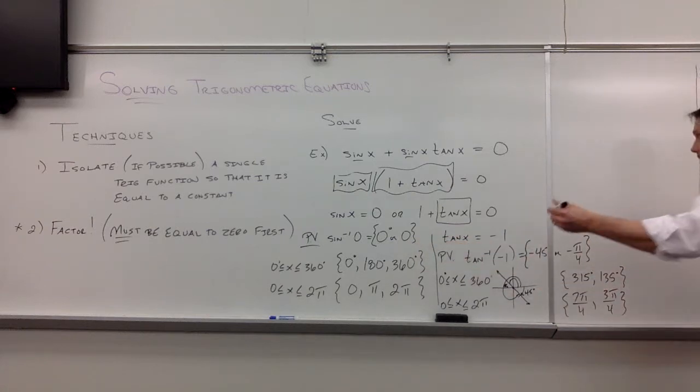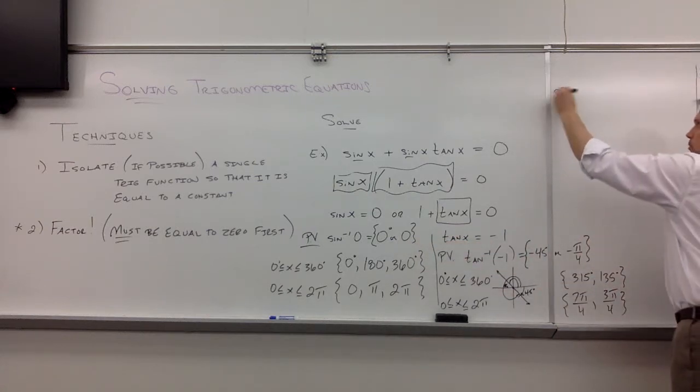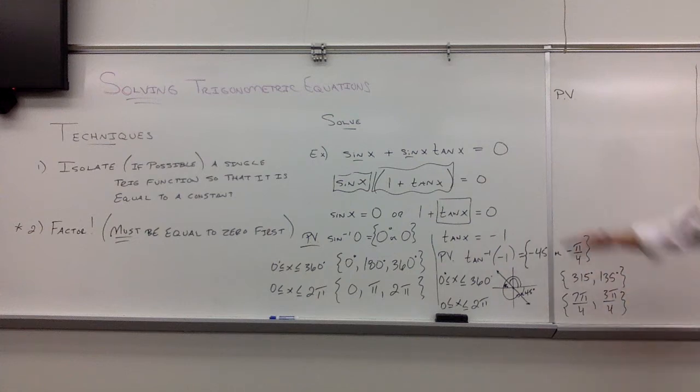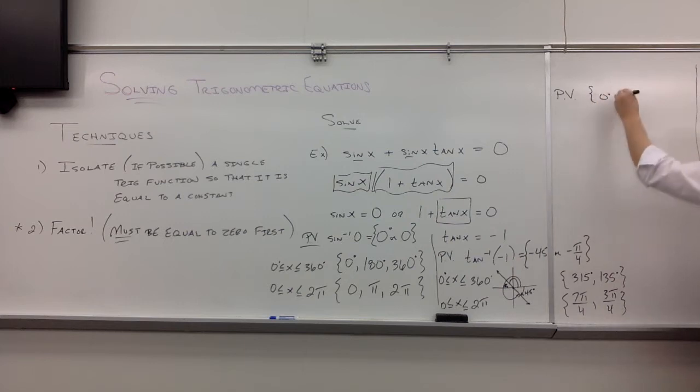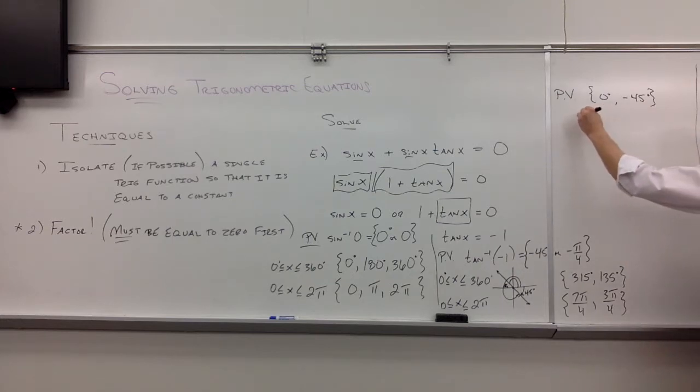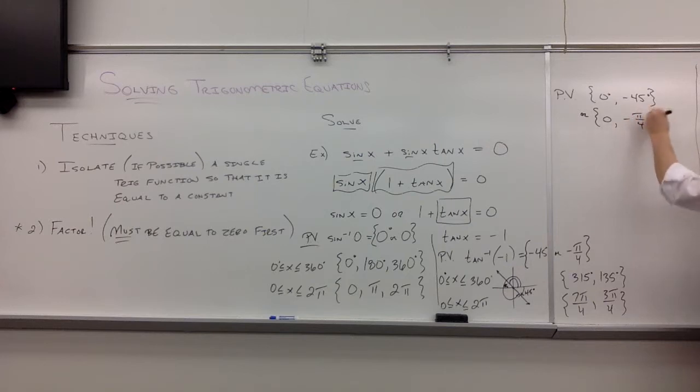So summing it up, if they said solve this equation for principal values, you would say, my solutions are 0 degrees and negative 45 degrees, if they wanted degrees. If they wanted radians, you give them radians: 0 radians or negative pi/4 radians.